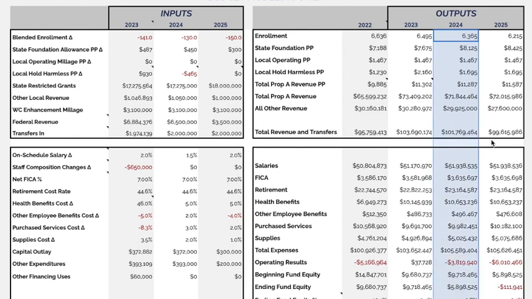So when we put all of those inputs in this column, the outputs give us this. And let's see what happens here. So you see enrollment is down. You see the state per pupil is up because of the 450 over here. You see the local operating millage staying flat. We see the local hold harmless getting back to its normal level, 1695, which means that the per pupil total of Proposal A revenue is basically flat from 23 to 24.